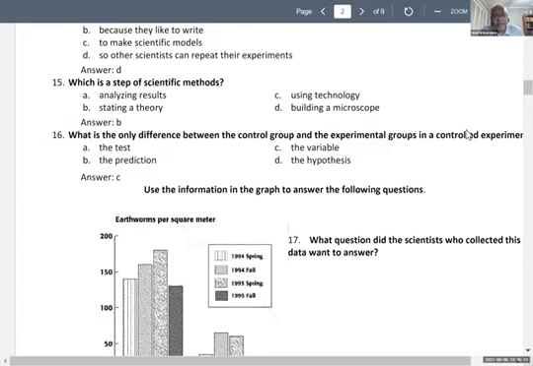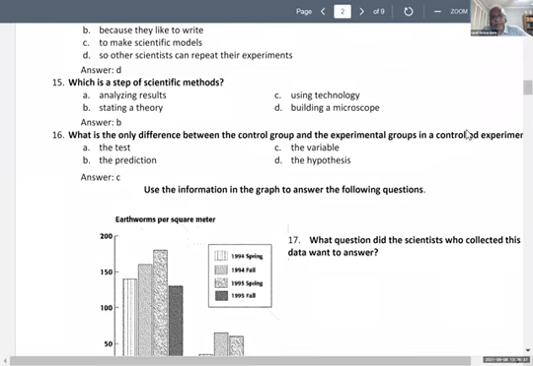Analyzing results. Basic step we are asking. Stating a theory is one step. Using technology is in the experiment. Building a microscope is an activity. It's not a step. Step is theory.